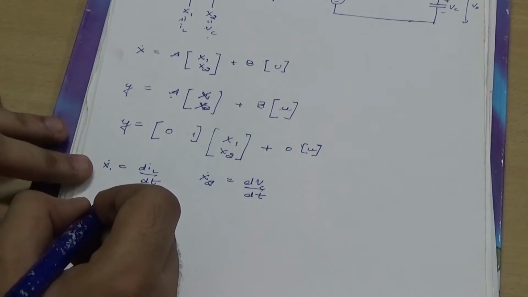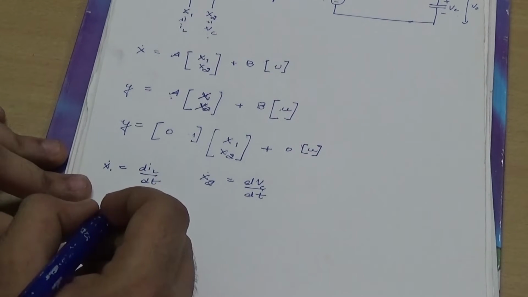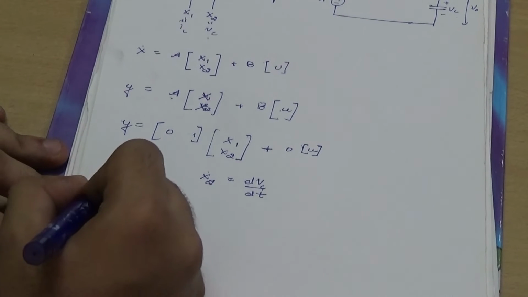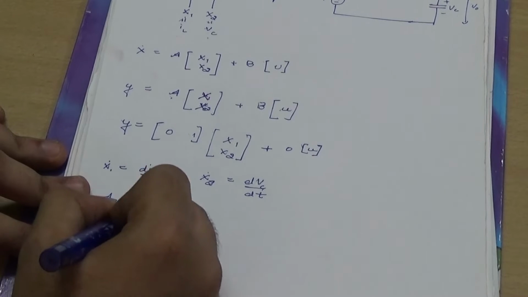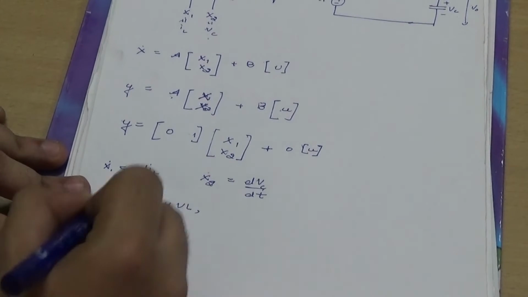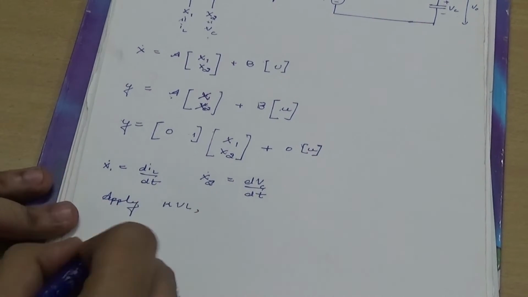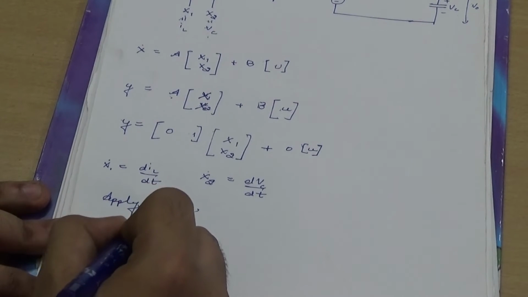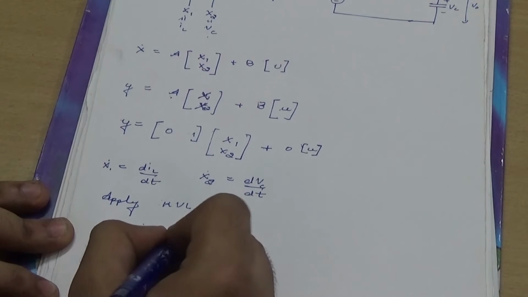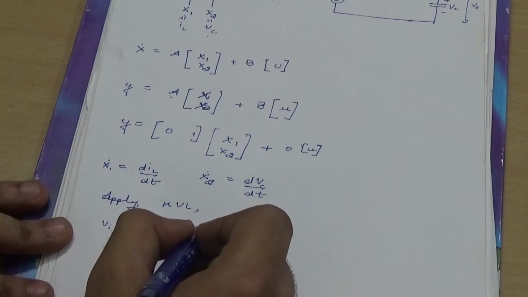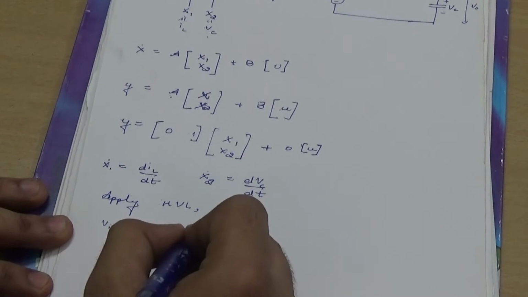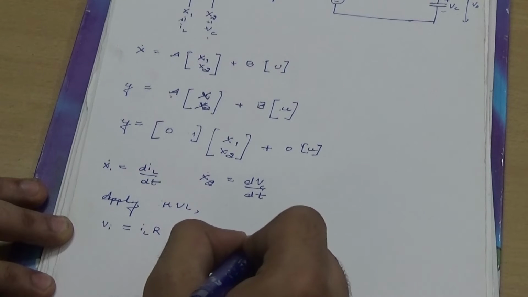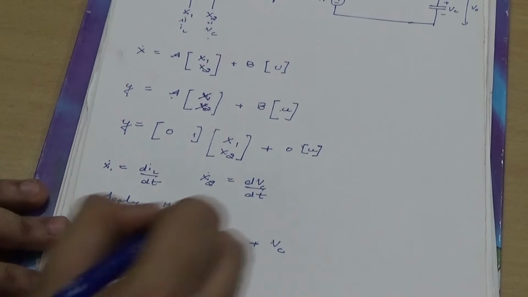So now I can proceed by applying KVL to the given circuit. I can write Vi is equal to IL into R plus the voltage across the inductor, L into dIL by dt, plus the voltage across the capacitor, which I directly write as Vc.